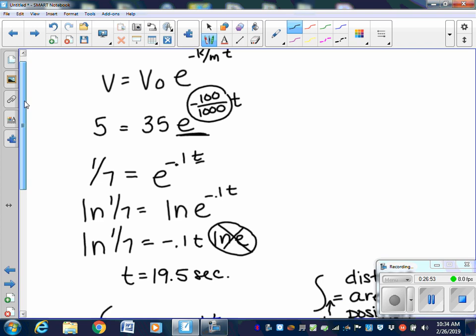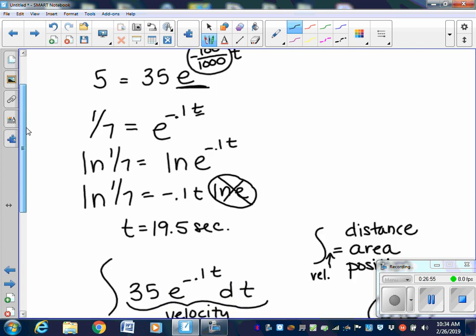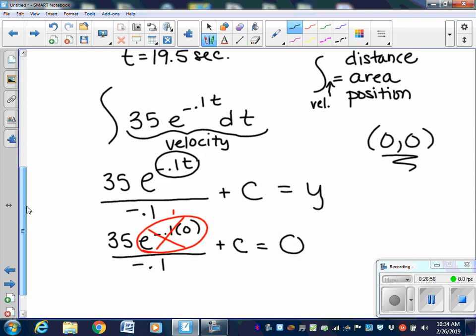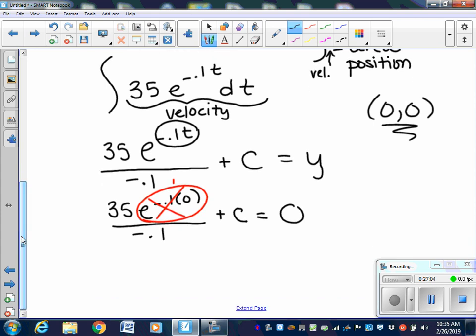I copied it down. When I anti-derive that, oh, there's the negative. It's there. 35 divided by negative 0.1 ends up being negative 350 plus c. So c must equal a positive 350.